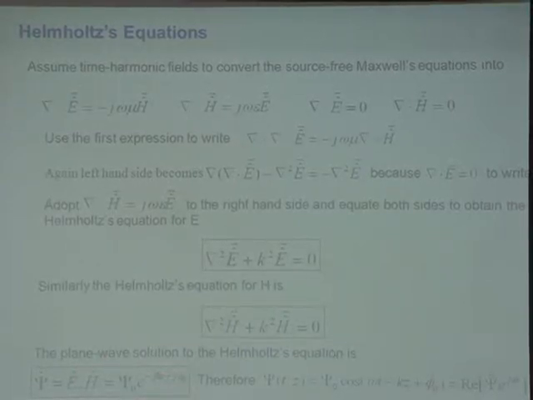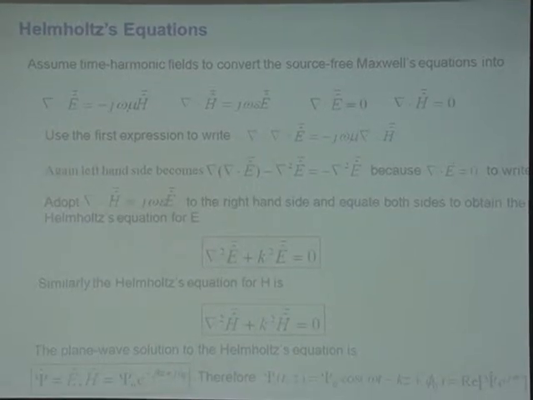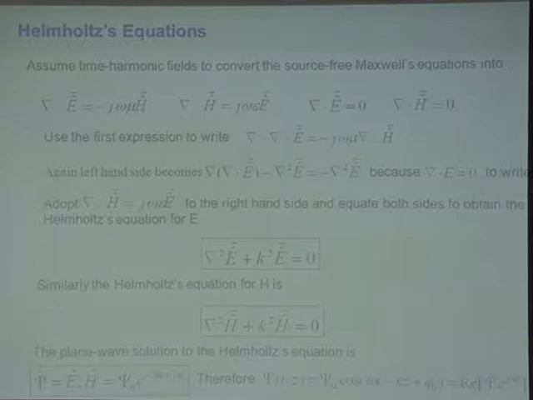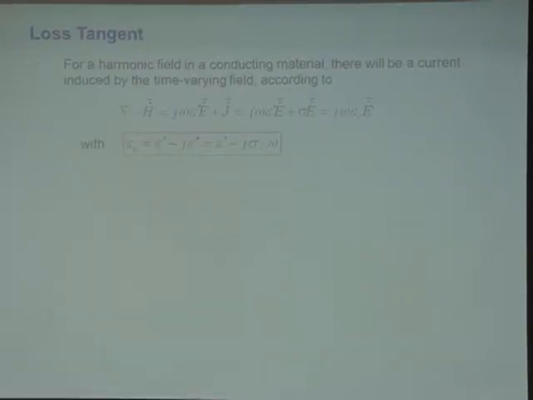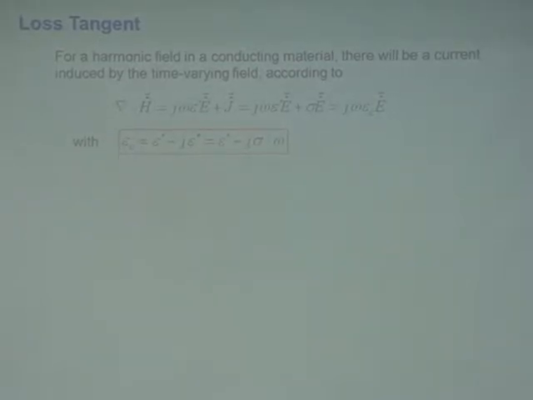Your solution is going to have this form: exponential minus j kz plus some initial phase. 所以这是 harmonic field。有没有问题？这些东西都是第一章的东西。好，我们来看一下这个 loss tangent。loss tangent 这个东西呢，你在第一章的时候也学过了。So today is very easy for you.